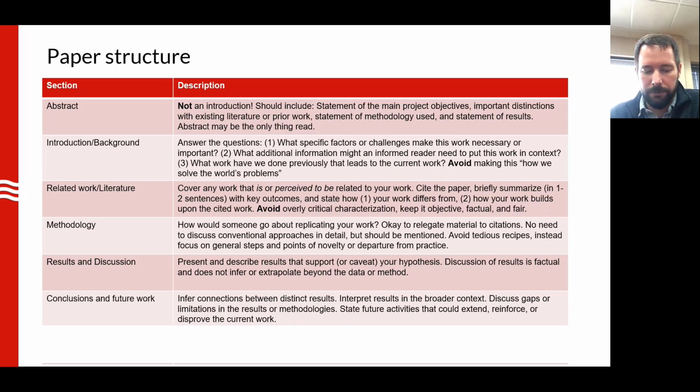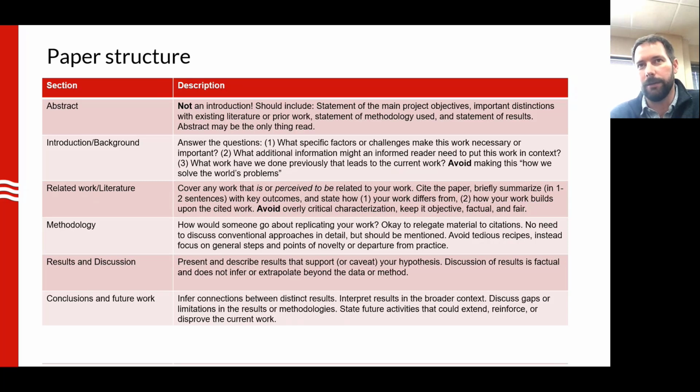What future work should really focus on is if you have limitations in the current data, or contradictions that you couldn't resolve, or you had a null result or negative result that you wanted to explore further, that came up in the results. That's where you would say, okay, here's where we would need to go to reinforce this work.